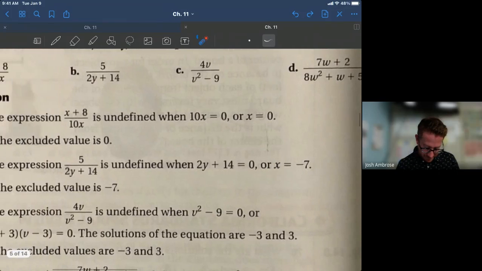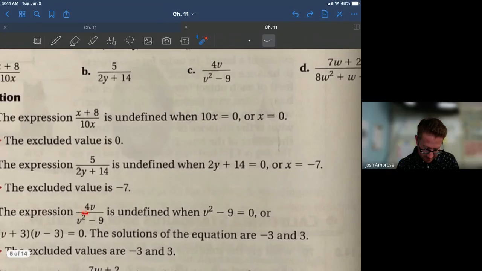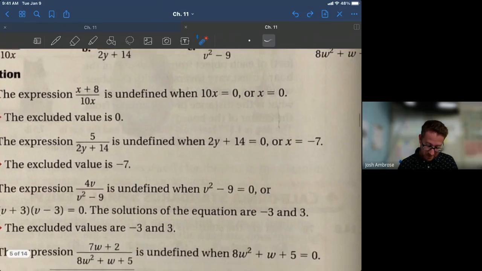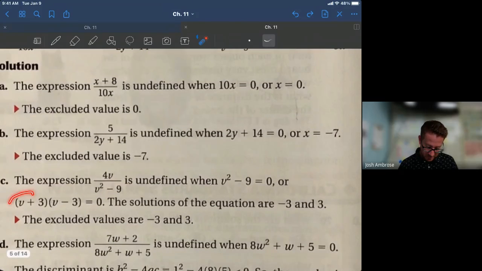Now, example C, v squared minus 9. Now, can we solve that straightforward? Yes, we can. We can factor it like they've done here, or we could take that 9 and move it over.